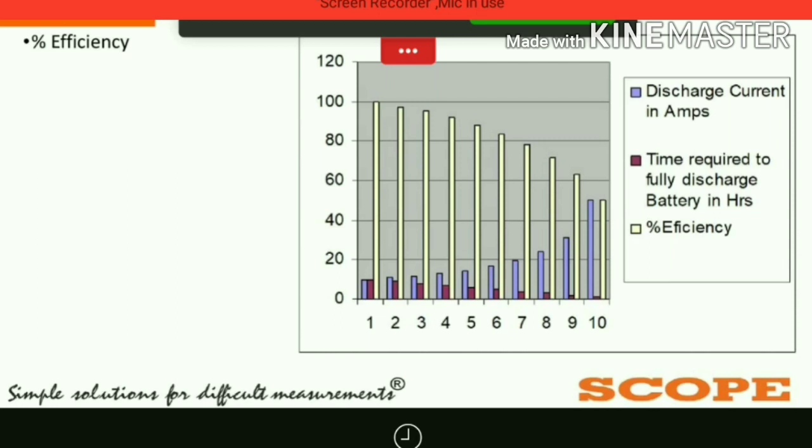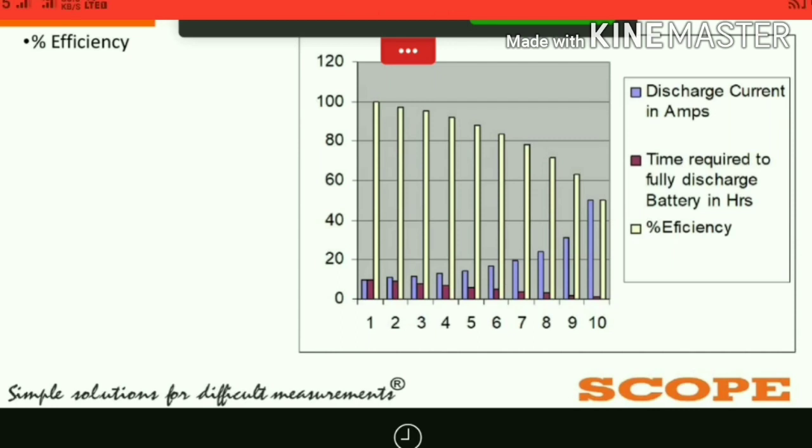Now, in condition 2, we have seen the discharge current is increased, and because of that the time is reduced, but we are not getting the same efficiency. In condition 3, condition 4, up to condition 10, we have seen the current is very high when we are doing the discharge test, and the time is very, very low.